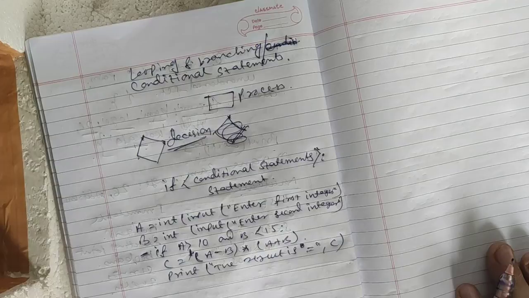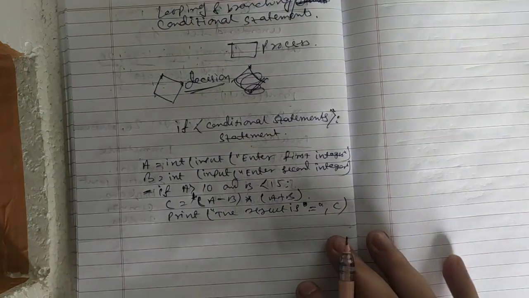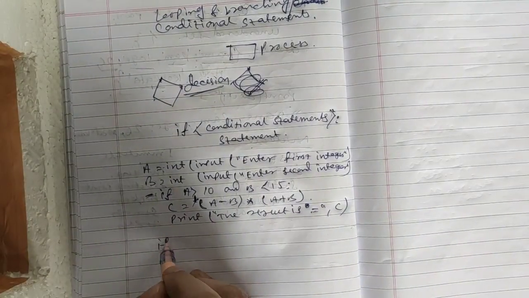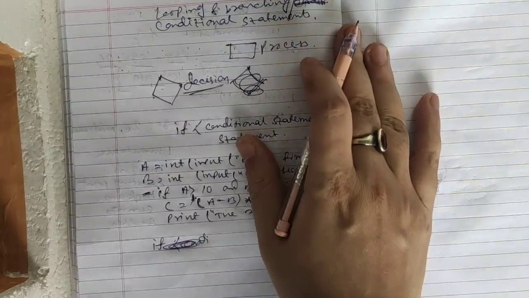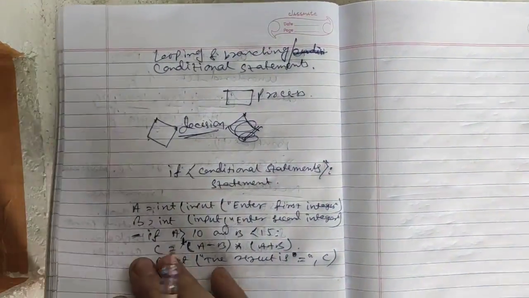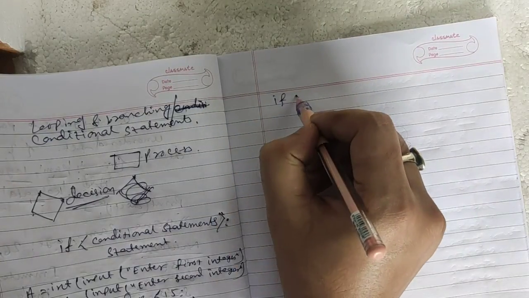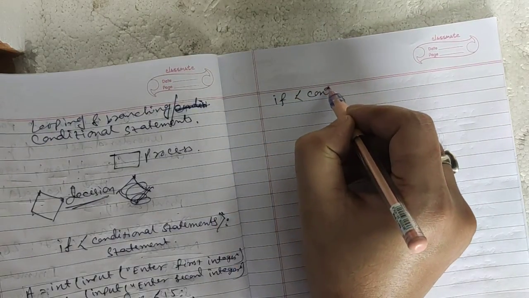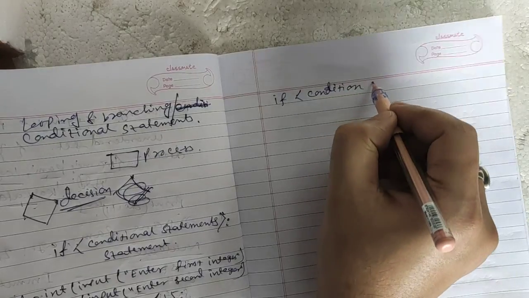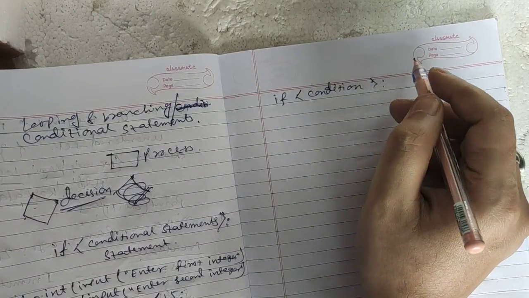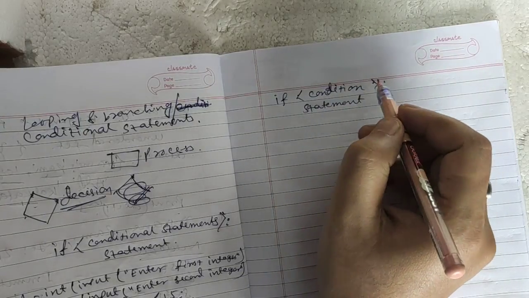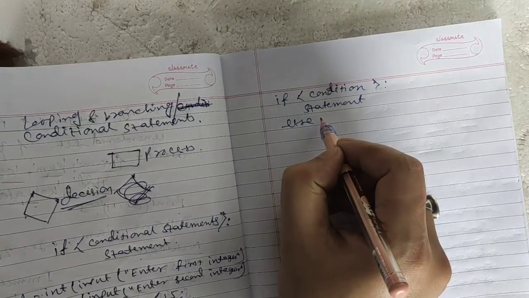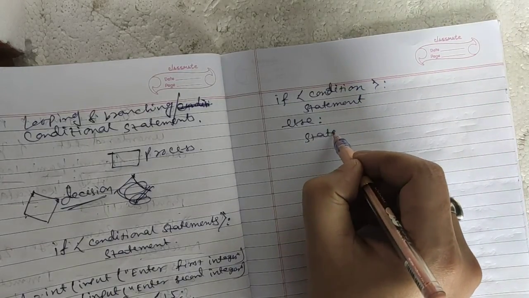So this is the if else condition. Now what is the if else condition? Suppose, what is the syntax, write down here: if condition, statement; if it's not true, then it goes to the else part, which also has some statement.